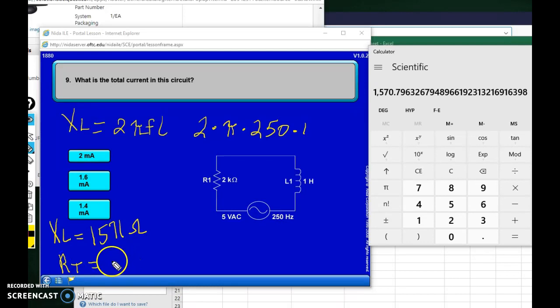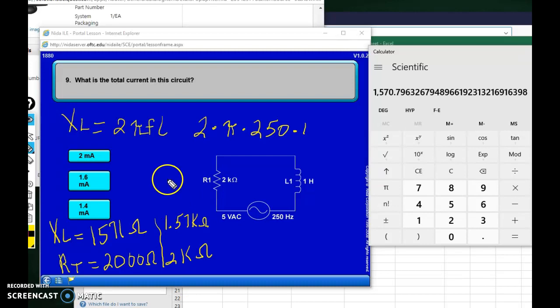We only have one R, and it's 2K ohms. I'm going to express it in its base units. We could have expressed them as K, so I'll even write out here 1.57K and 2K.